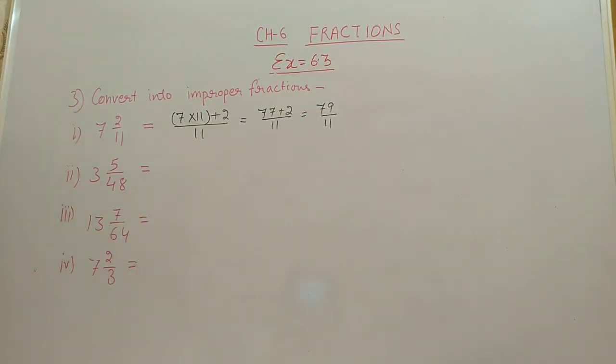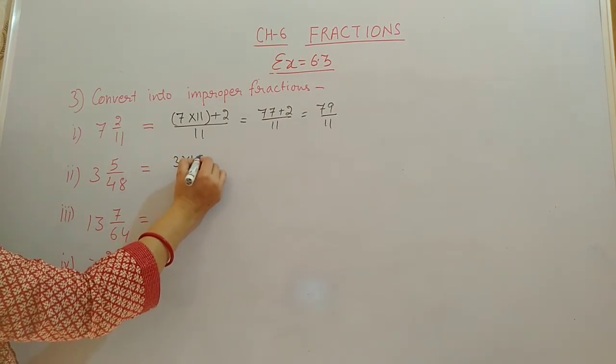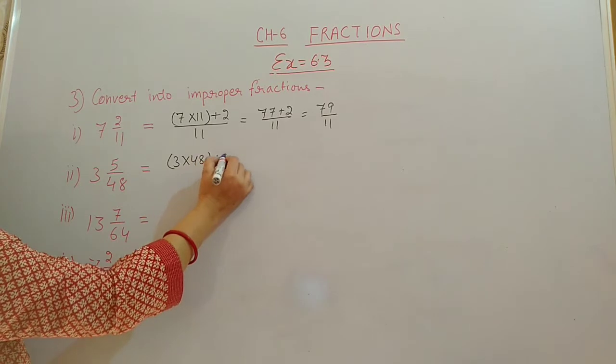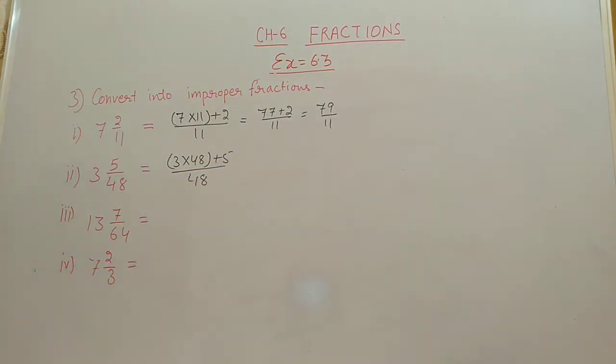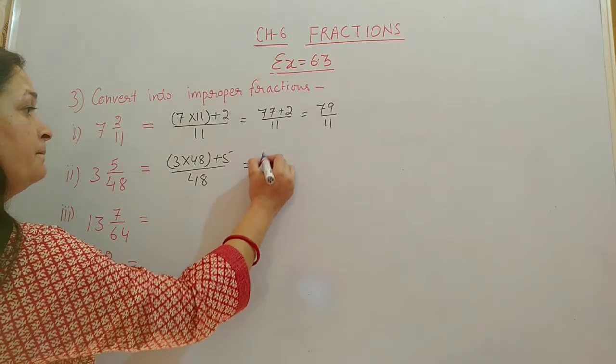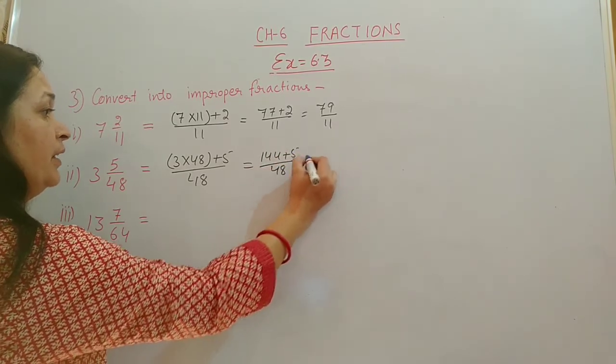Next one, 3 whole number 5 by 48. So 3 into 48 plus 5, divided by 48. 3 into 48 you will get 144, plus 5, divided by 48.